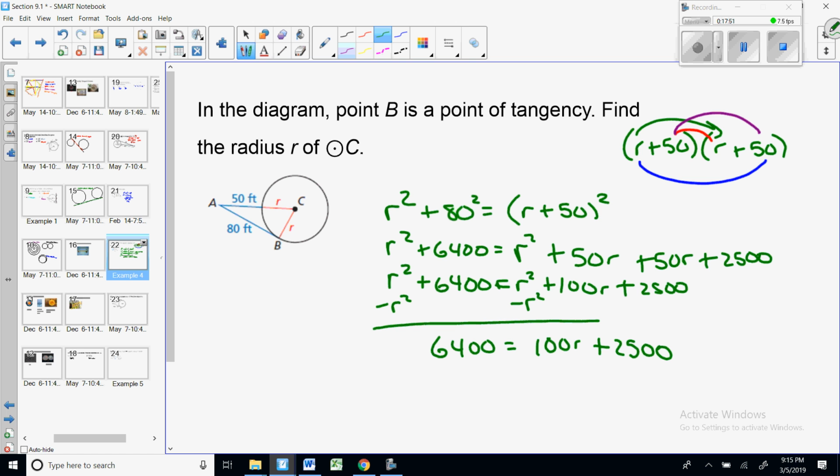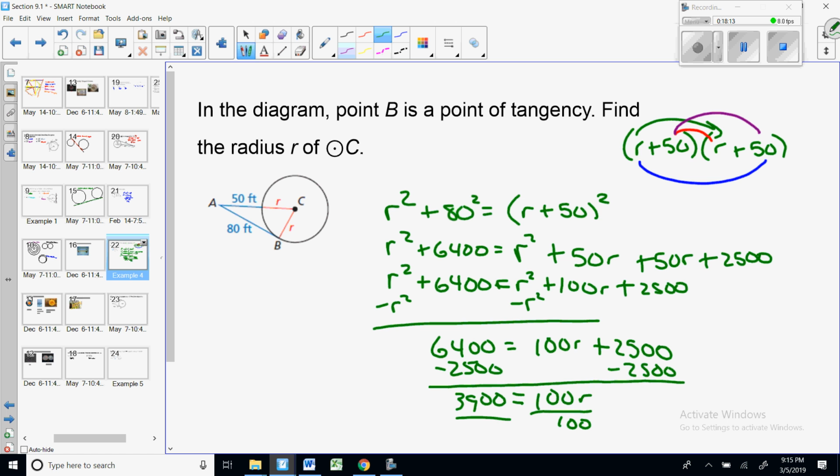And you'll see that happen several times during the course of this unit. Now, from there, we're going to subtract 2,500 from both sides. Okay, well, 6,400 minus 2,500 is 3,900, and that equals 100r.